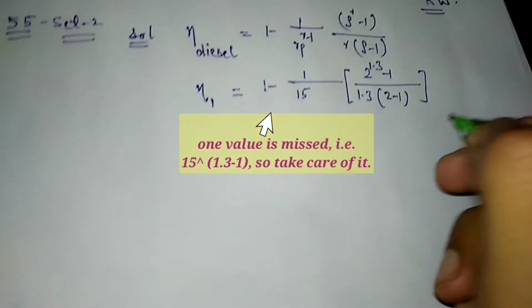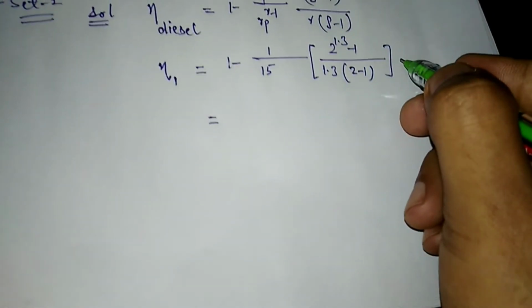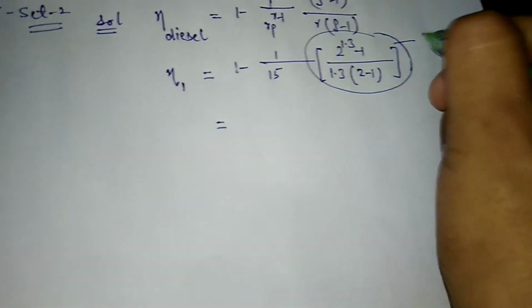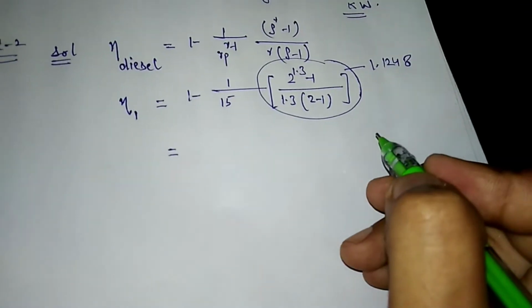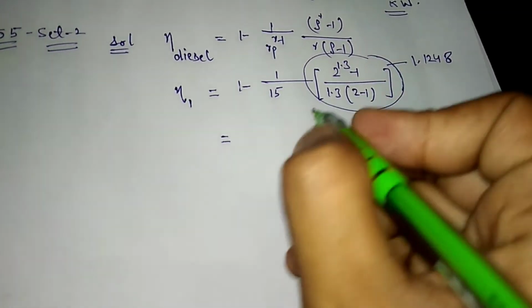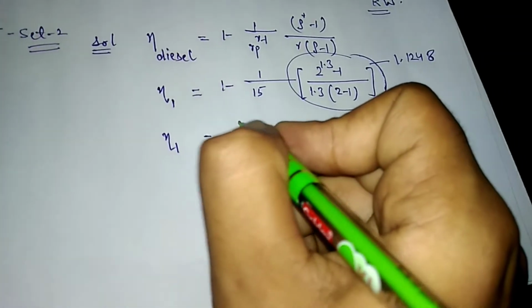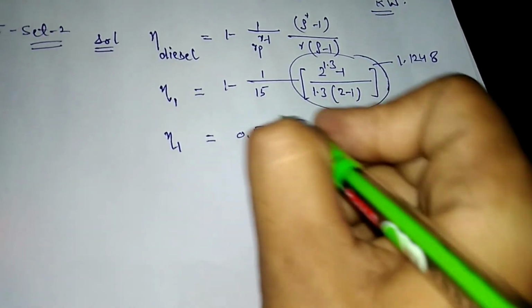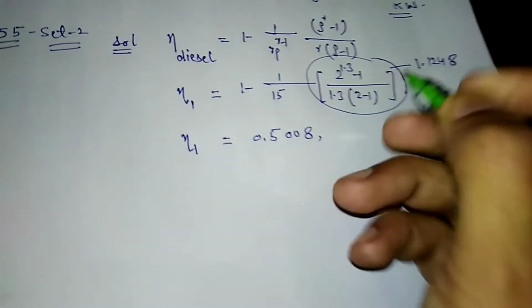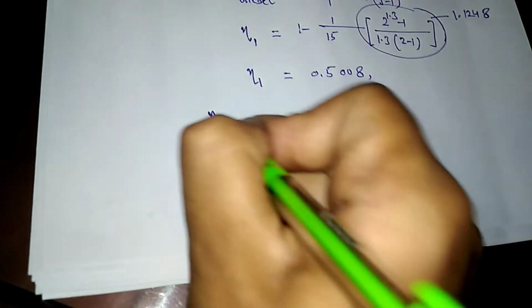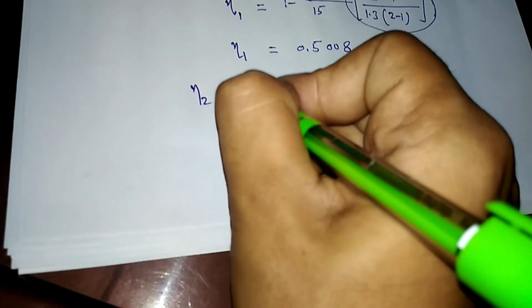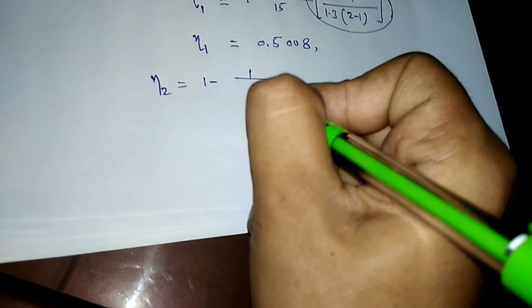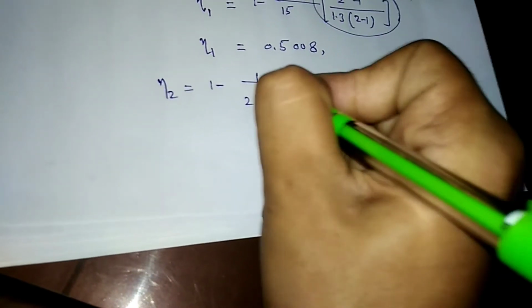When we calculate the value of this whole fraction, it will be equal to 1.1248. So finally, when we calculate, eta 1 will be equal to 0.5008. Now calculating eta 2, the efficiency of the second engine, or you can say the new engine, it will be equal to 1 minus 1 upon rp, where rp is the compression ratio, which is 20 in the new engine.